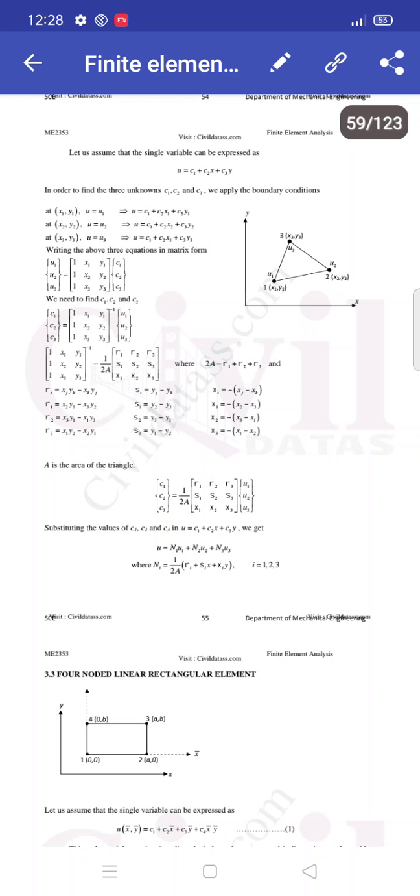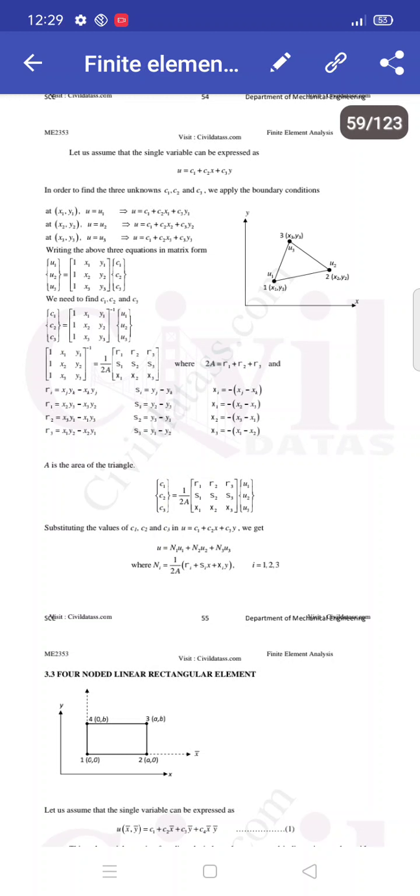So r1 is equal to xj yk minus xk yj. Gamma 1 is equal to x2 y3 minus x3 y2. Gamma 2 is equal to x3 y1 minus x1 y3. Gamma 3 is equal to x1 y2 minus x2 y1.